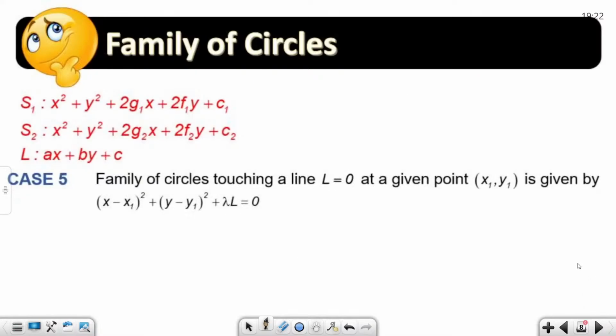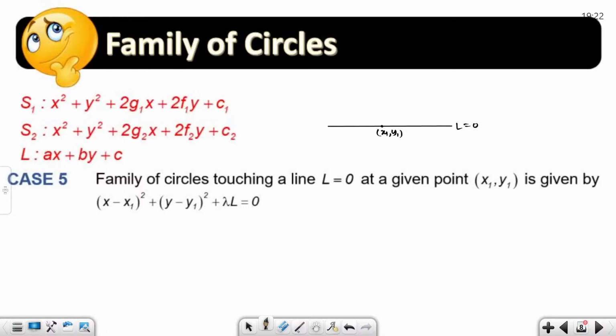This is more interesting. Here I have only said to find the family of circles which are touching this line at this point. This point is my x1, y1. That's it, nothing else is given to you. Now you have to find the family of circles.